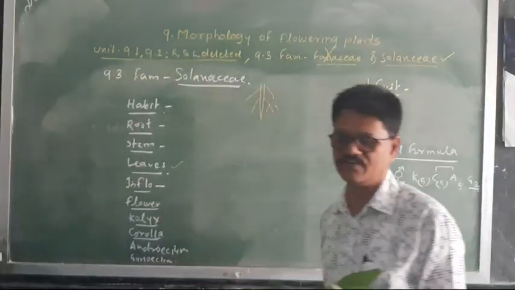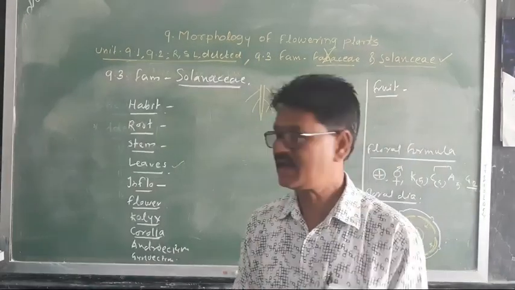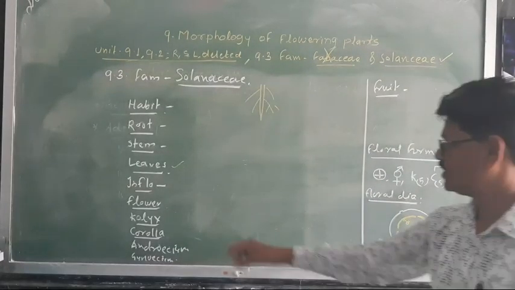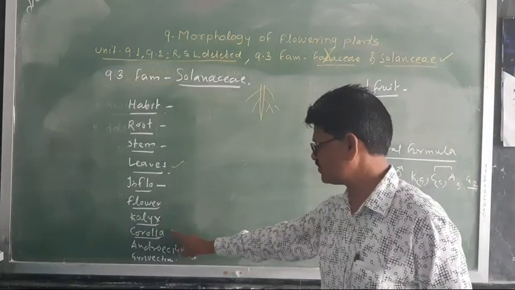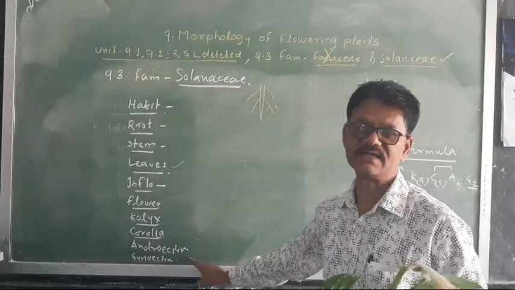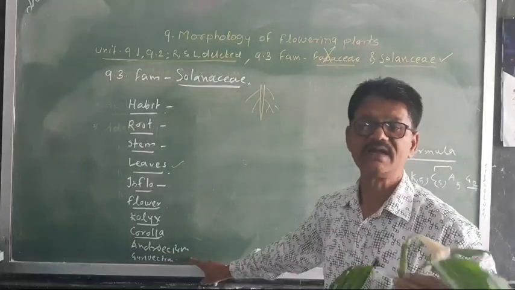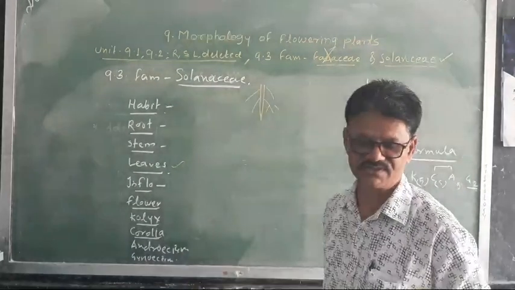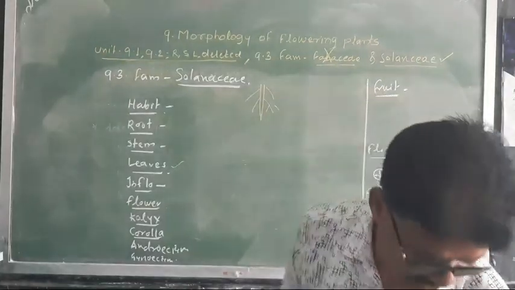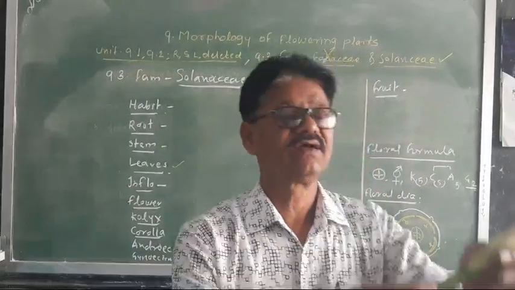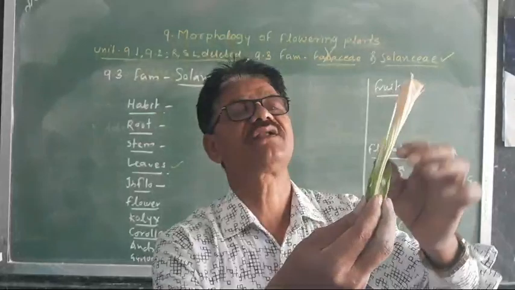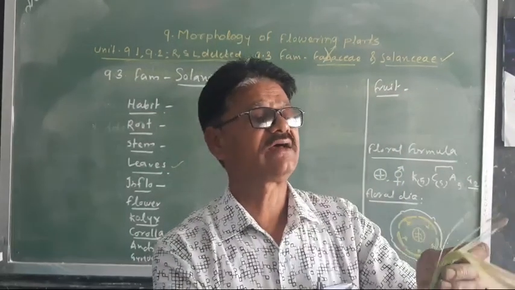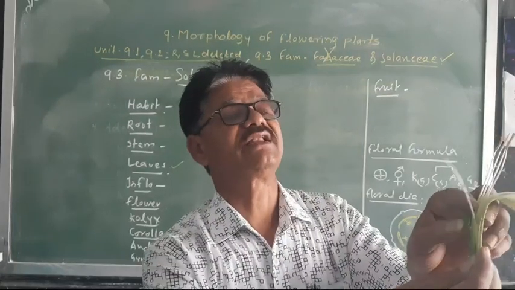Next one is the flower. The flower is complete, meaning calyx, corolla, androecium and gynoecium are all present. And it is perfect, meaning androecium and gynoecium are present. You can see here the calyx, the green one, the corolla, then the androecium, and this is the gynoecium.